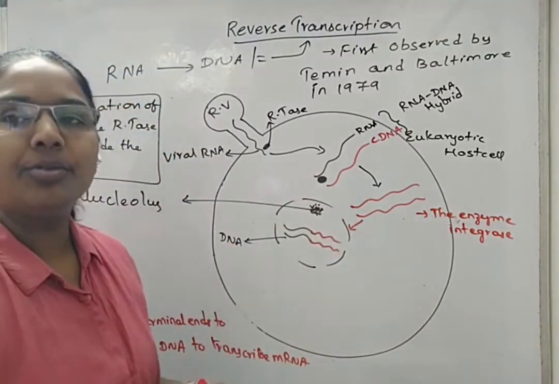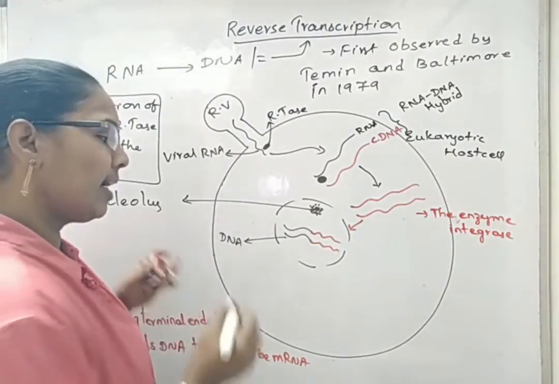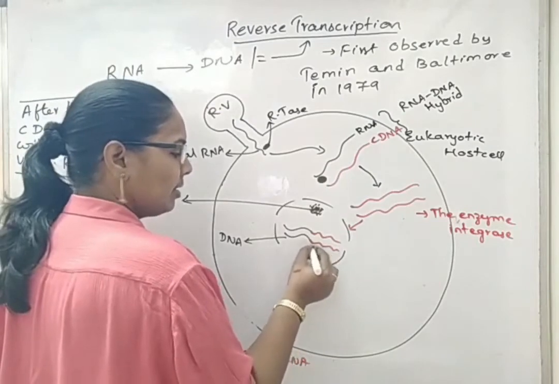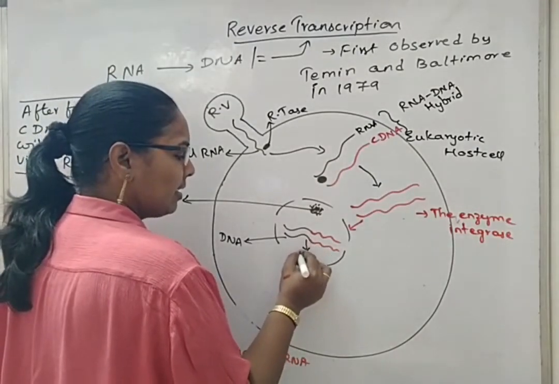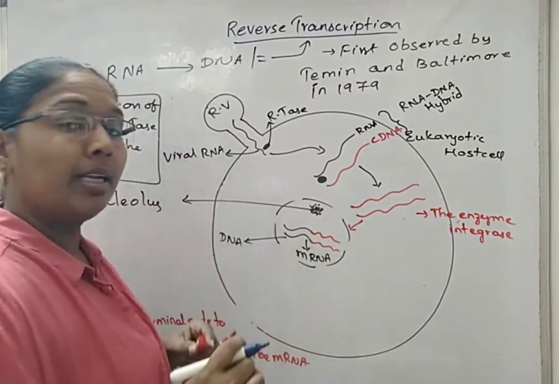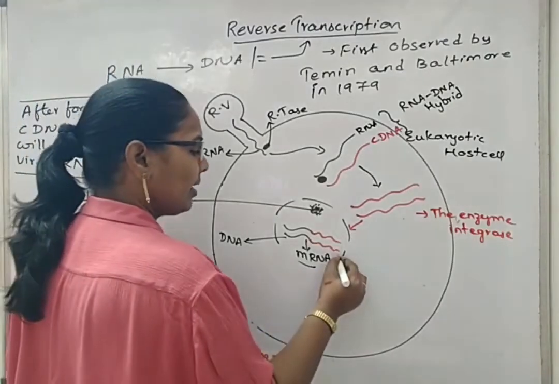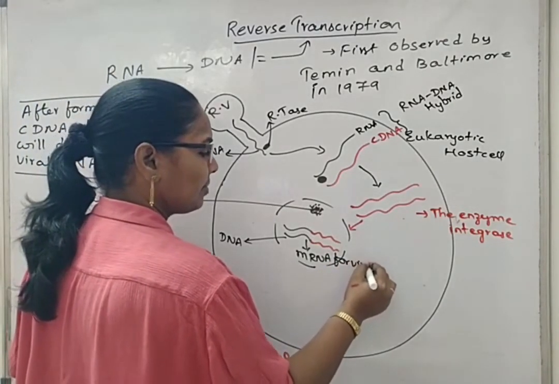Now it will undergo DNA replication and synthesize many fragments at the same time. Now here it synthesizes mRNA, which is similar to the gene sequence of the viral RNA, mRNA for the virus.